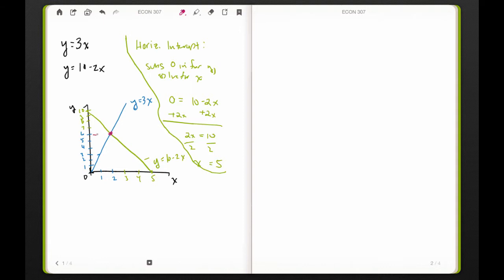So at this point here, it looks like, based on this very terribly drawn graph, that a solution 2, 6 satisfies both of these equations simultaneously. So we can say, I'm going to call it x star y star to represent a solution is going to be 2, 6 based on my graph.